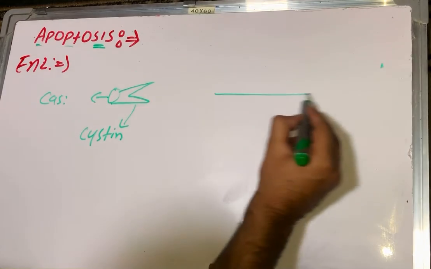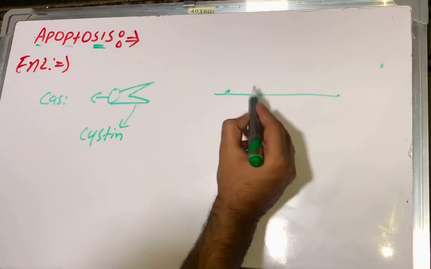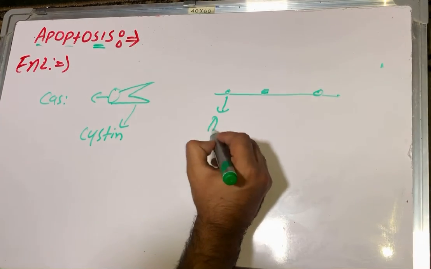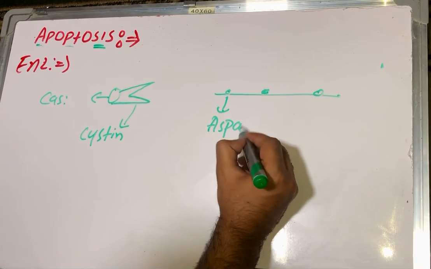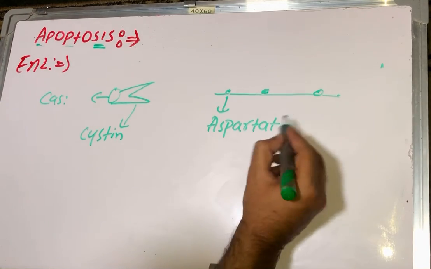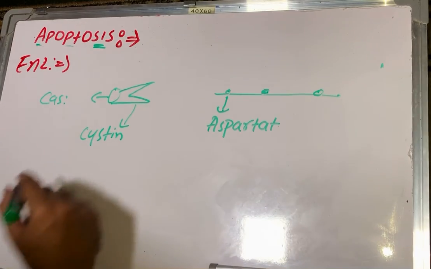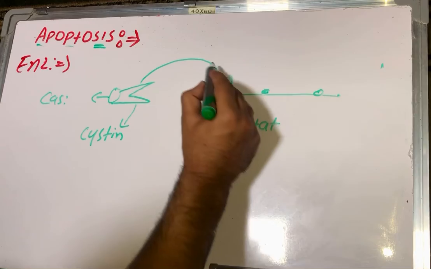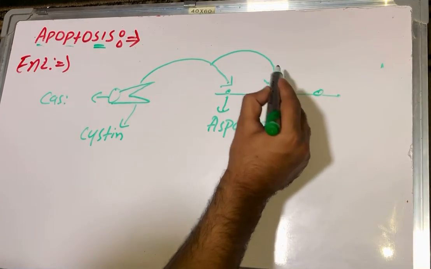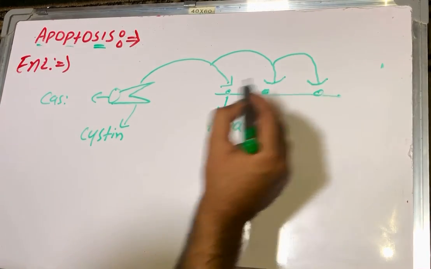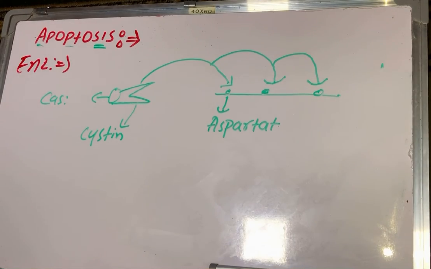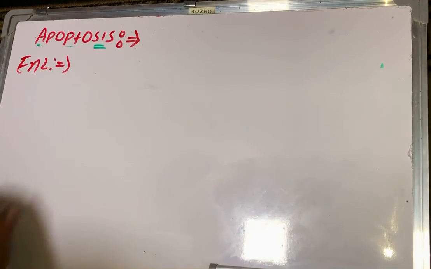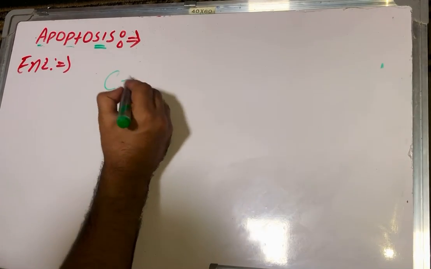And for example, this is a protein inside the cell, and I just guessed that at this point an aspartate amino acid is present. So this caspase enzyme cleaves the peptides at those points where the aspartate amino acid is present. That is why this enzyme is called caspase.